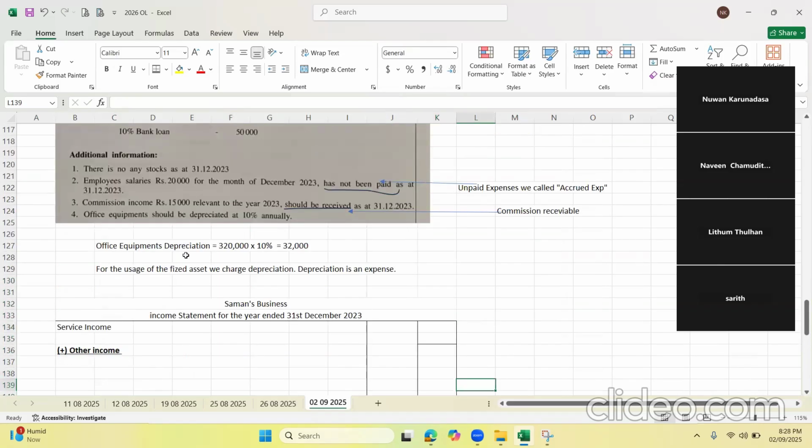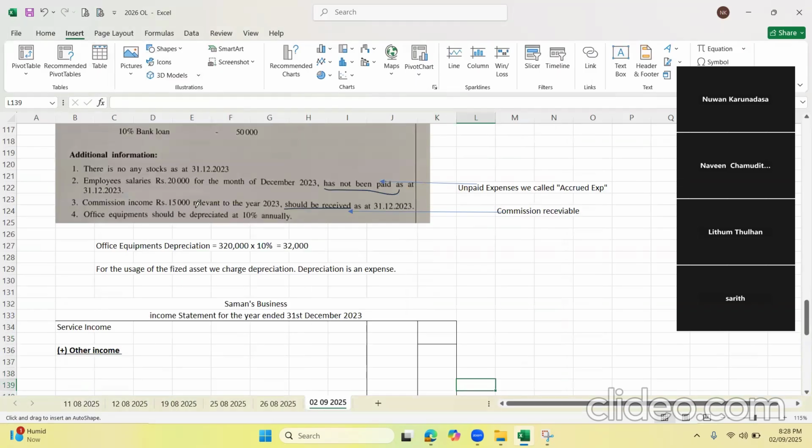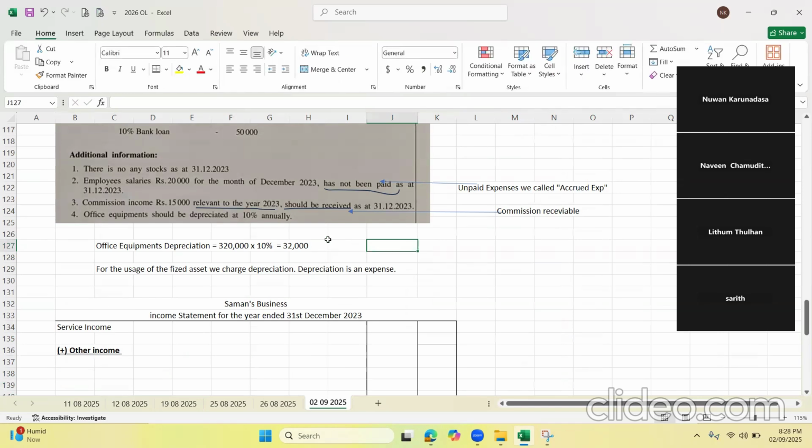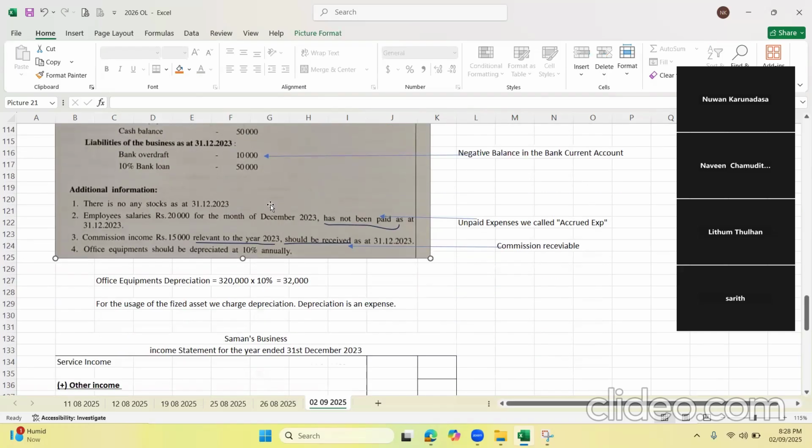Then commission income of 15,000 relevant to the year 2023. Relevant to the year 2023, it should be received as at 31st December 2023. Now you can see we have received commission income of 75,000 and we haven't received another 15,000, which is yet to receive. We call it commission receivable.